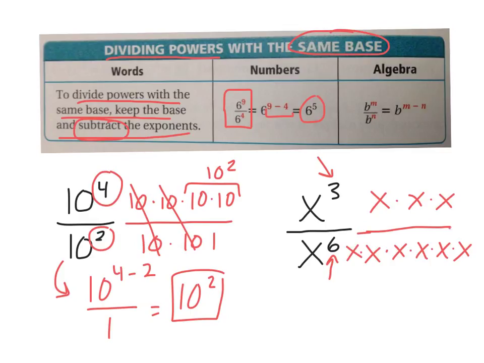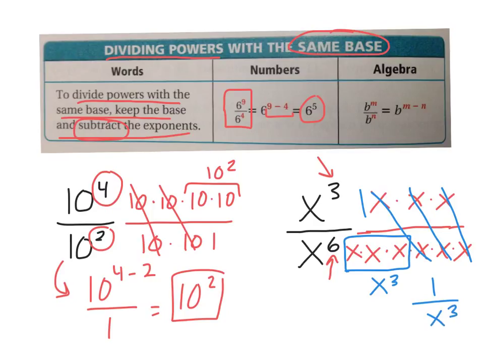Well, anytime I have x over x, it's going to cancel out. So this x and this x would cancel, this one and this one and this one and this one. So what I'm left with is on the bottom this time. So this one would be 1 over x to the 3rd power, because this x times x times x is x to the 3rd power, and what I have left on top is 1. So the solution to this one is 1 over x to the 3rd. And here's why.